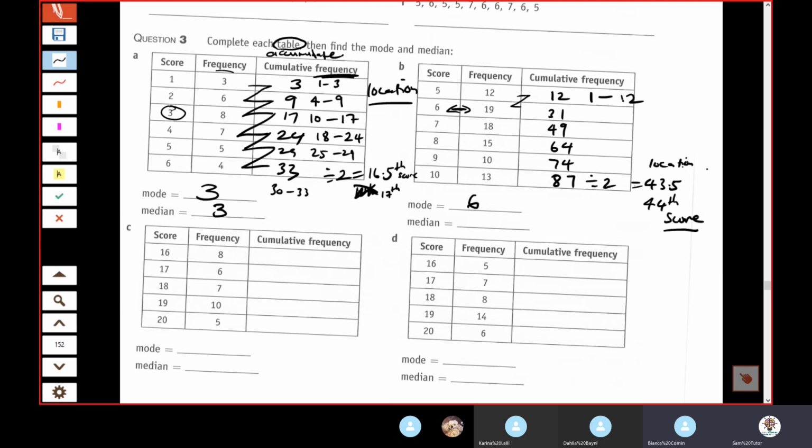So it's the first score to the 12th score. 6 is score number 13 to 31. 7 is score 32 to 49. And obviously, where is 44? 44 is somewhere in between here, isn't it? So your median must be 7.